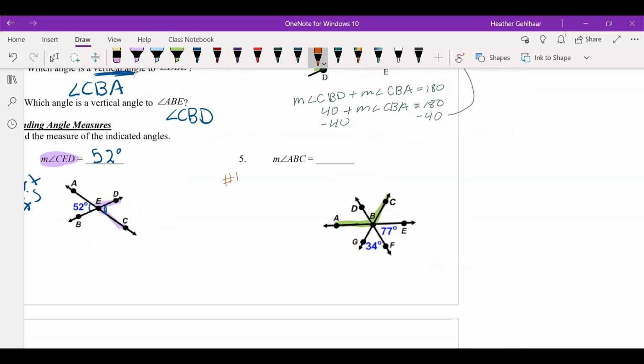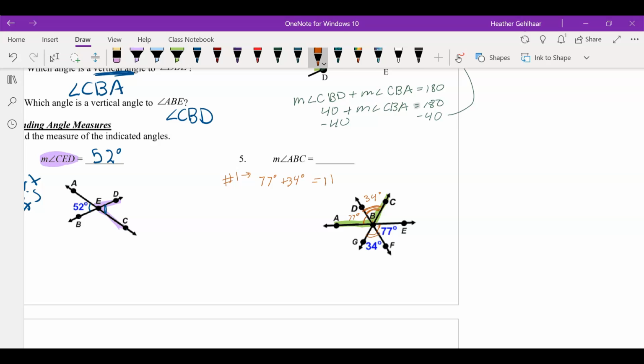I know that these two here are going to be vertical angles because we have lines intersecting. So this is going to be 77 degrees. I also know that DBC is going to be a vertical angle to GBF. So that's going to make this 34 degrees. So we can do 77 degrees plus 34 degrees to get what angle ABC equals.